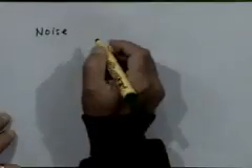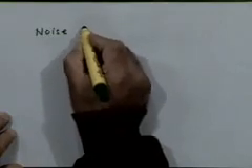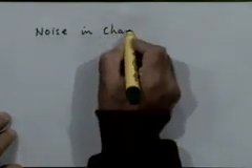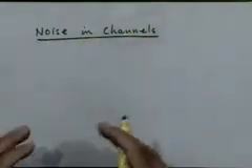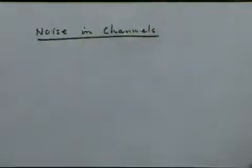To start with, let me discuss the channel characteristics in terms of noise. So noise, or types of noise that we encounter in channels. When I say noise in channels, again this is to imply noise in communication systems really, right?